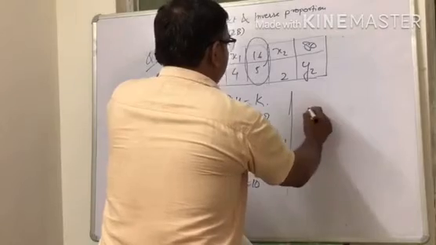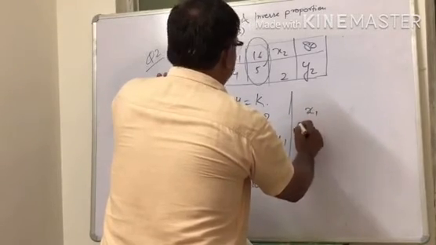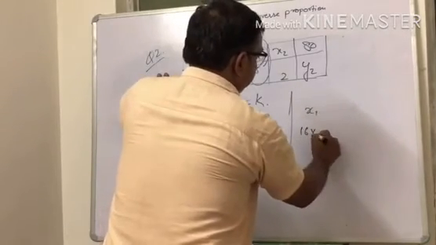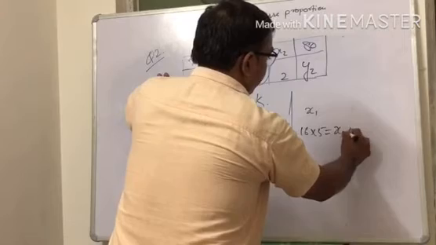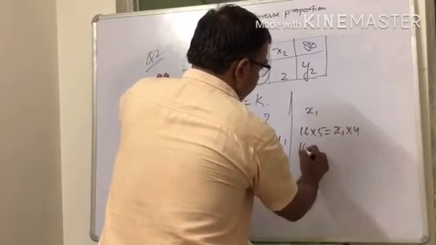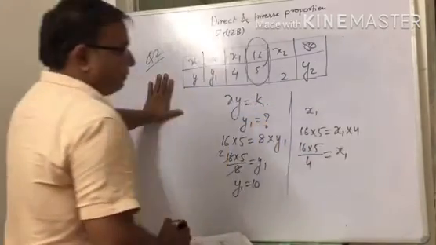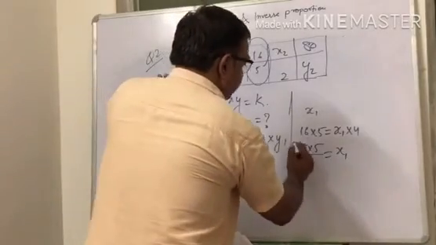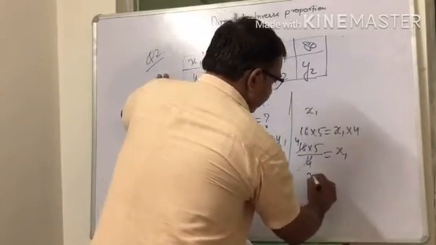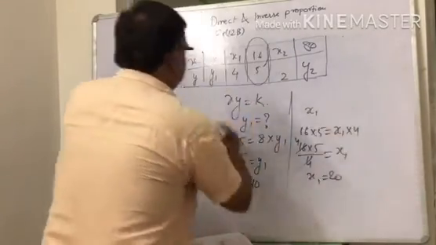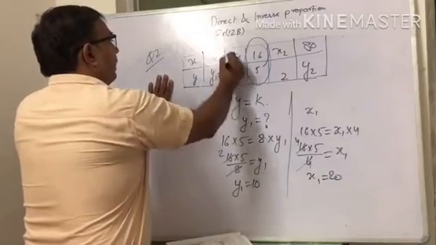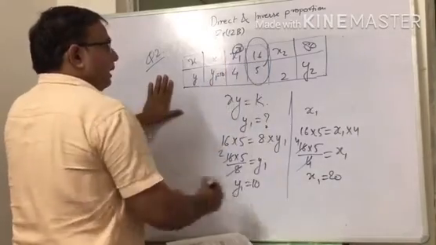Next, we have to find x1. Same, 16 times 5 is equal to x1 multiplied by 4. So 16 times 5 upon 4 is equal to x1. Now cancel it. 4 fours are 16, so x1 is equal to 20. y1 is equal to 10, x1 is equal to 20.